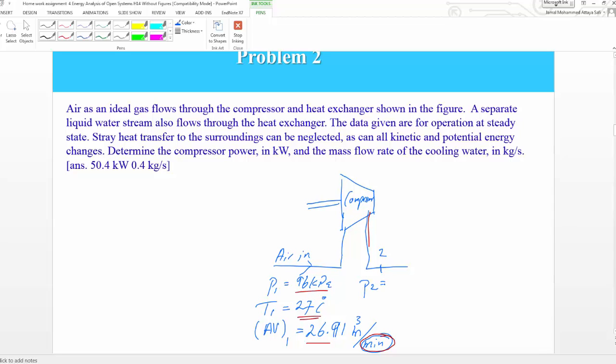It's a compressor. The function of a compressor is to increase the pressure, and we know that a compressor also increases the temperature of the air.